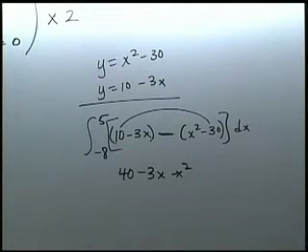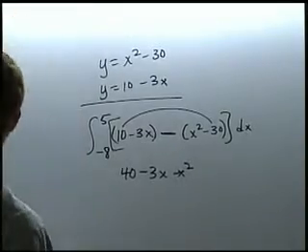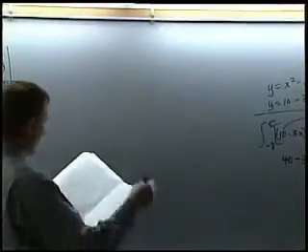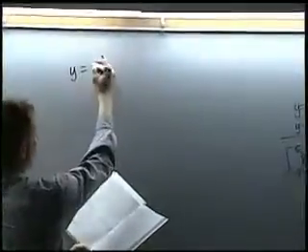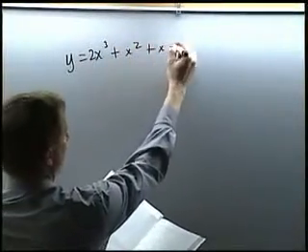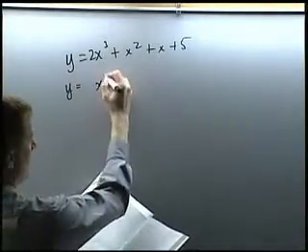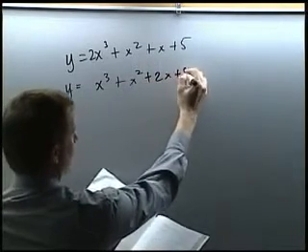Let's look at another example here. The first function is 2x cubed plus x squared plus x plus 5, and the second one is x cubed plus x squared plus 2x plus 5.